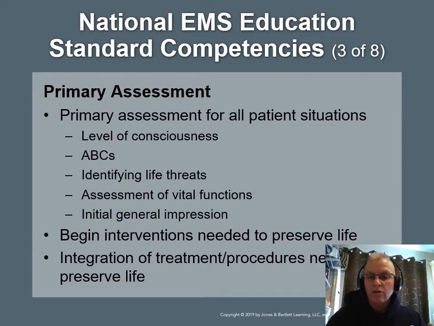We're going to make sure that there's no massive hemorrhage going on, and we're going to form a general impression. So we're going to do that every single time, and we will figure out if there's life threats in that primary assessment that we need to address. Anything concerning airway, breathing, or circulation or perfusion is a life threat, and if we identify something, we need to fix it.